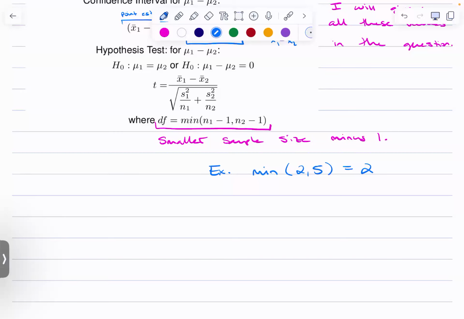If you ask for the minimum of a list of numbers, it'll return the minimum. So depending on your smaller sample size, that'll determine your degrees of freedom, and then it's just that sample size minus 1. Same rules apply if you're stuck on the t-table and your degrees of freedom aren't there, then you have to round down still. All the same things that we've already covered.